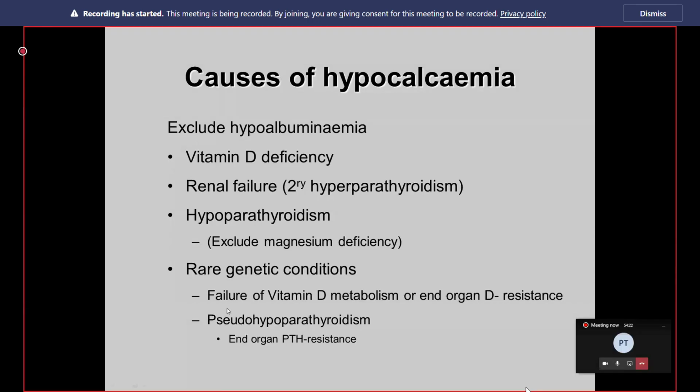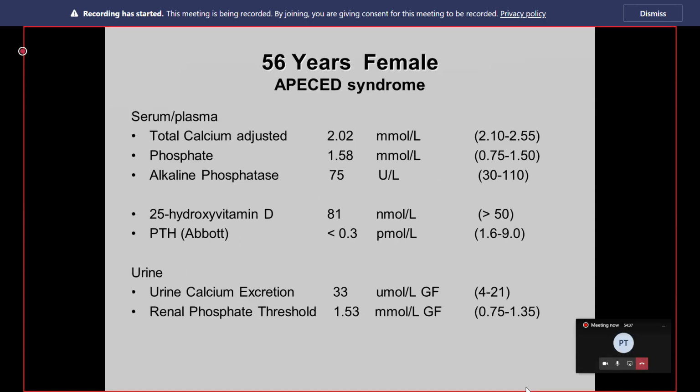I won't go into the rare genetic conditions which can lead to vitamin D metabolism disorders or end-organ resistance, as well as pseudohypoparathyroidism, which is an end-organ PTH resistance.